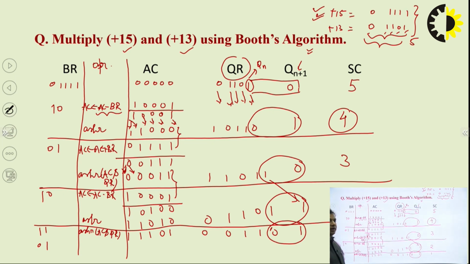If it is 0 and 1, then what operation will be performed? That is the AC equals to AC plus BR. So what is my BR? That is 0 4 times 1, 0 4 times 1.